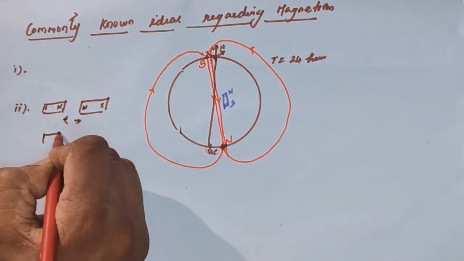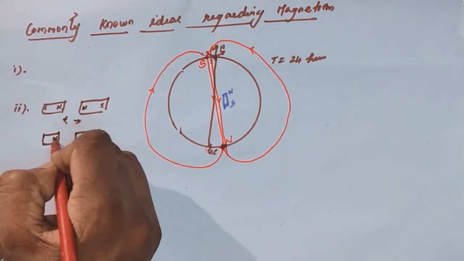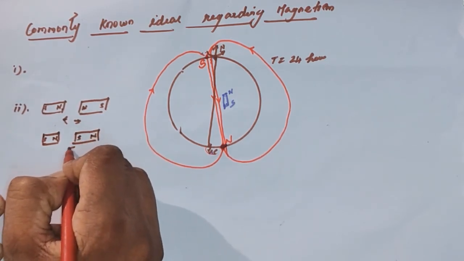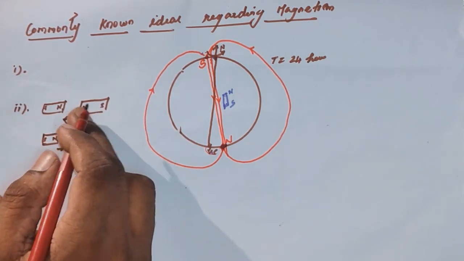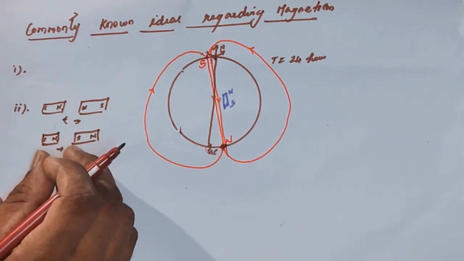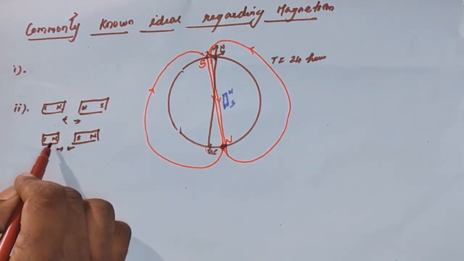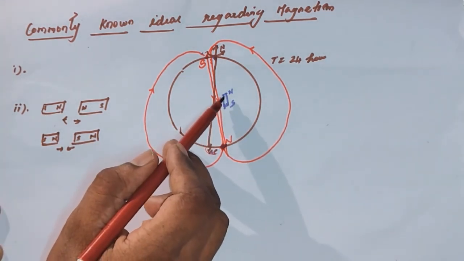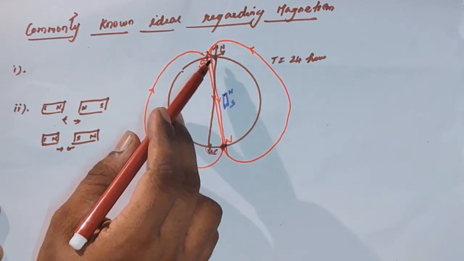If you bring the north pole near the south pole of the other magnet, they will attract each other. So there is a repulsive force between like poles and an attractive force between unlike poles, north and south. That's why the suspended magnet's north points toward the Earth's magnetic south pole.